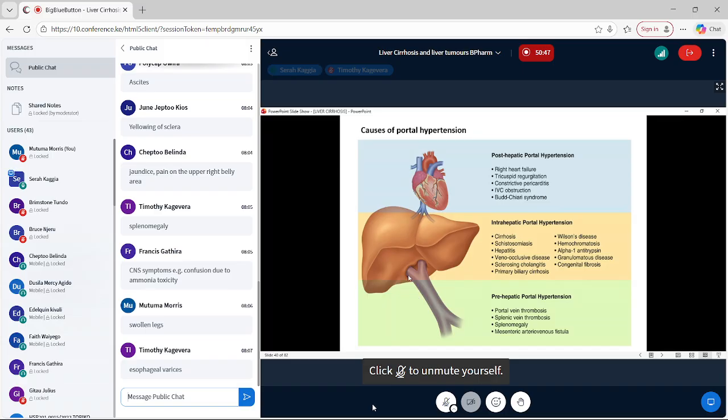I've given you a long list here. Another cause could be after the liver, post-hepatic: right heart failure, regurgitation, constrictive pericarditis. All those things are covered here. All those things will cause pressure in this portal system to increase. That's all we are saying.